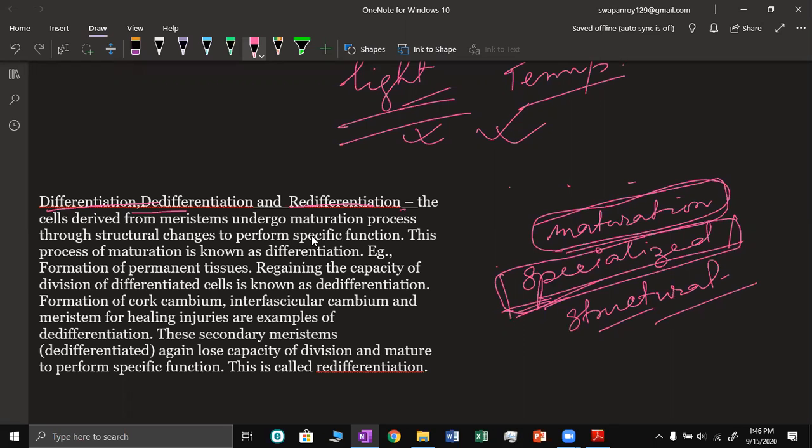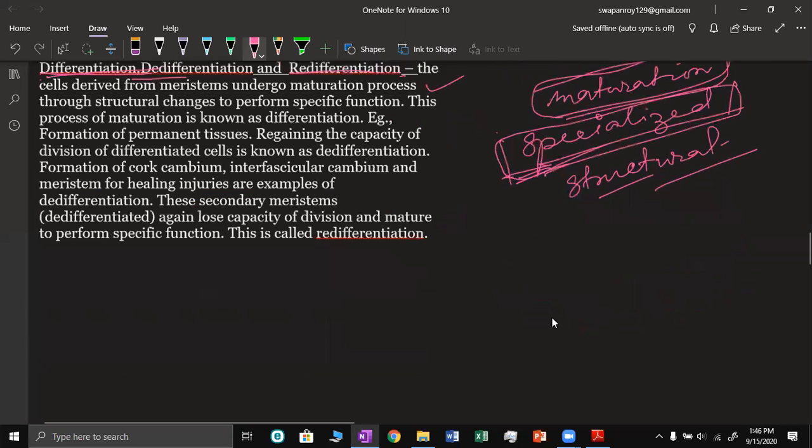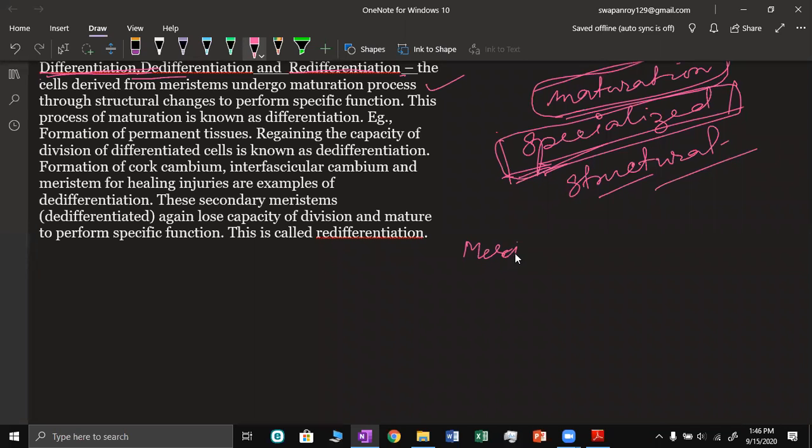So this is the maturation process. So this is differentiation. So what happens by differentiation from the meristem? They develop into permanent tissue.